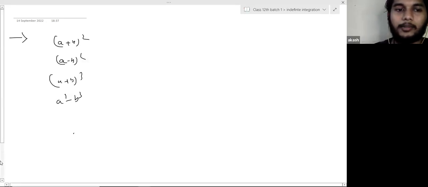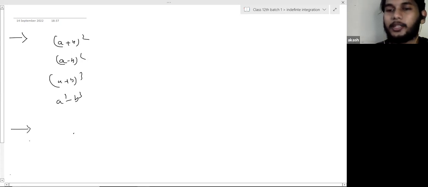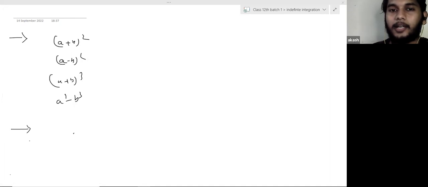I have been telling you since class 1, please revise trigonometry. I'm hoping everyone remembers all the formulas by now. If not, then after the class, Google all the trigonometry formulas of class 11 and memorize them like it's your name. Otherwise you will not be able to solve most of the questions.